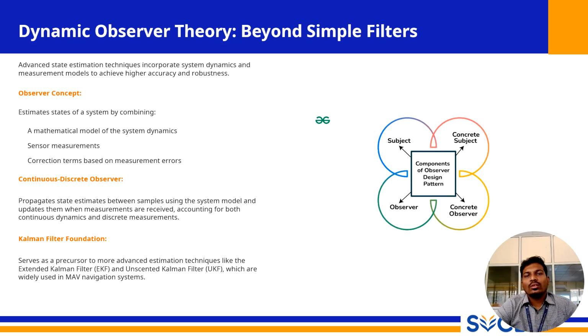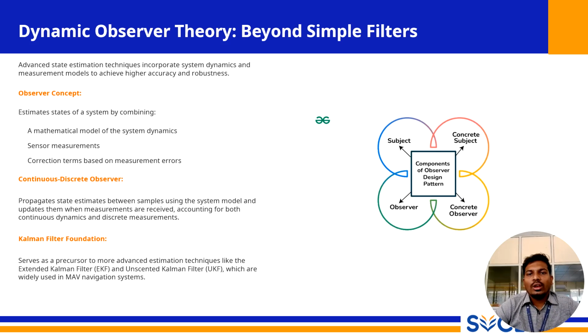In practice, this is often implemented as a continuous-discrete observer. The observer propagates state estimates between samples using the model. In the time between sensor updates, it is constantly running the physical model forward.